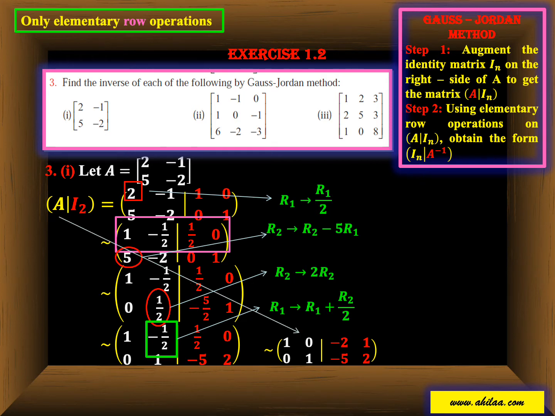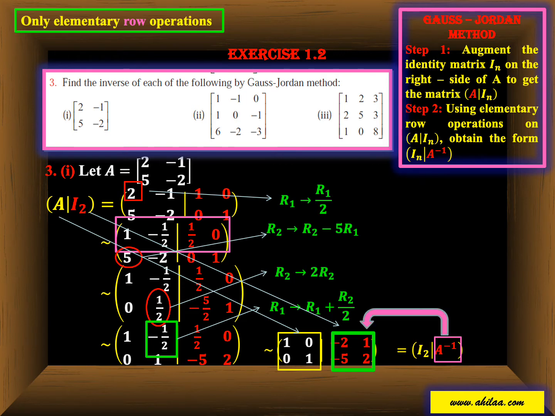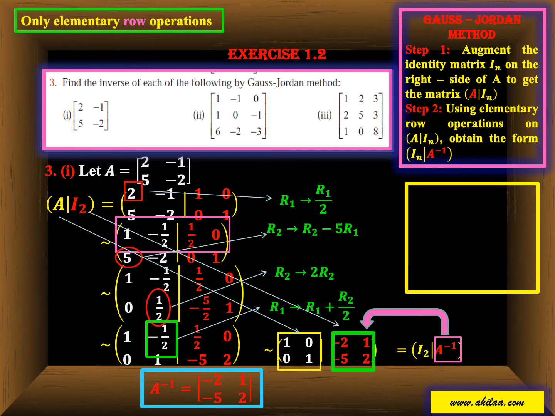Now, see, instead of A, the matrix is replaced by I2. And in the place of I2, we are getting another matrix: minus 2, 1, minus 5, 2. This is our transformed form [I2 | A inverse]. From this, we are getting A inverse as minus 2, 1, minus 5, 2. Okay. So, this is our A inverse value.